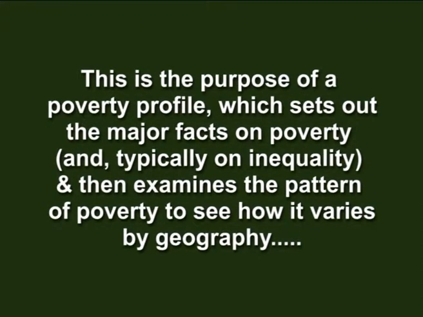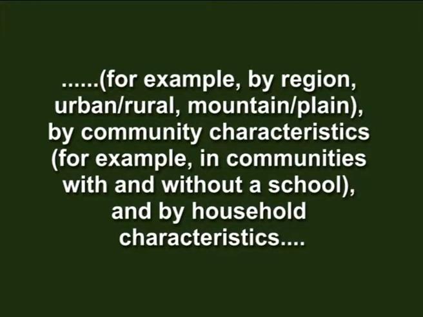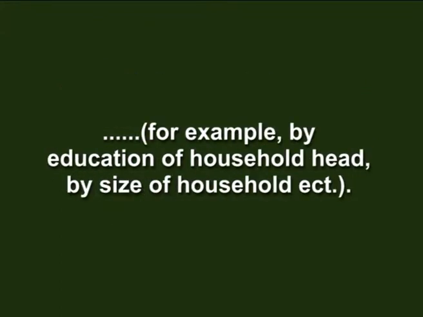This is the purpose of a poverty profile, which sets out the major facts on poverty and typically on inequality, and then examines the pattern of poverty to see how it varies by geography, for example, by region, rural, urban, mountain and plain, by community characteristics, for example, in communities with and without a school, and by household characteristics, for example, by education of the household head, by the size of the household, etc.